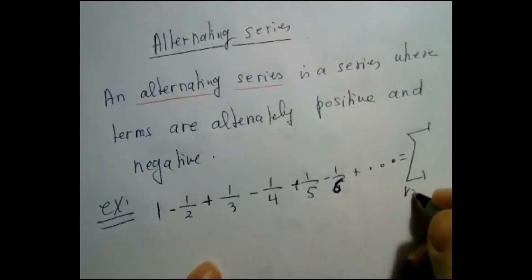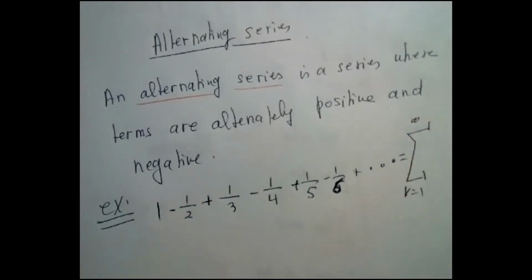So this is the sum from k equals 1 to infinity of the following. How can I write this series in sigma notation? Anybody can tell me the notation? How can I write this in sigma notation?